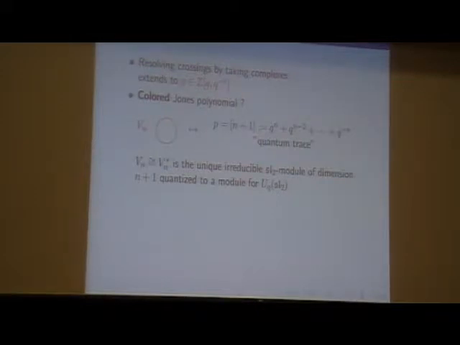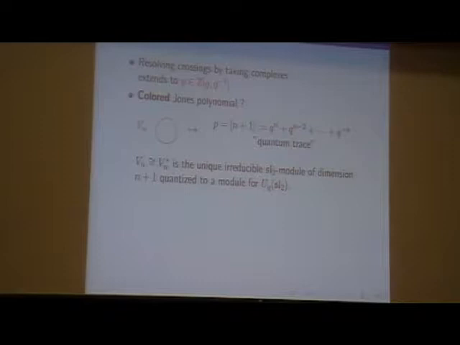And then the associated polynomial is just the quantum number n plus 1. So P is q to the n plus q to the n minus 2 plus q to the n minus 4 and so on, up to q to the minus n. So this is this quantum trace, which is associated to this unknot.